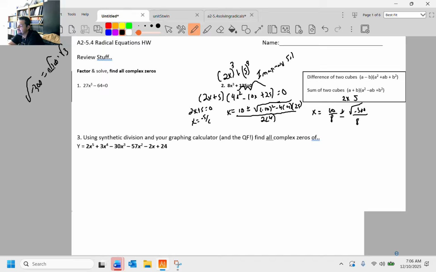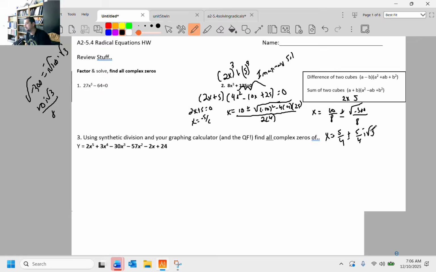And of course, it's imaginary because it's negative. So it's going to be 10i root 3. Now, 10 over 8 is 5 over 4. If we put this 10i root 3 over 8, we're also going to have 5 over 4, we're going to have an i, and we're going to have a square root of 3.